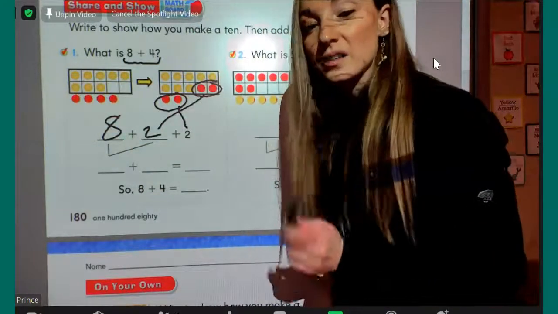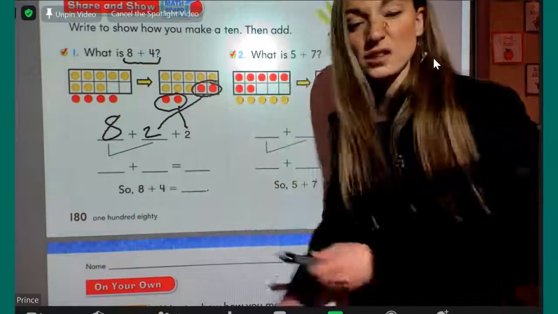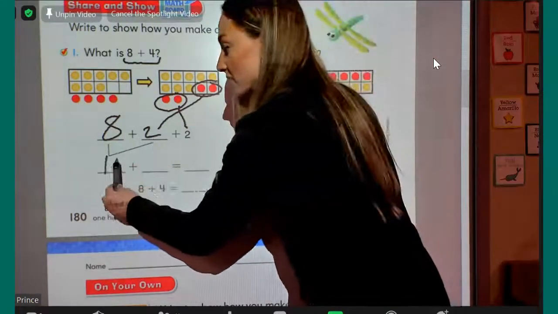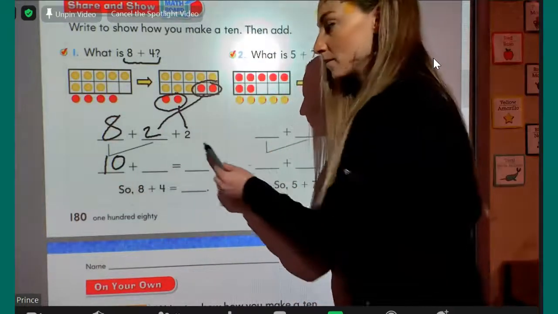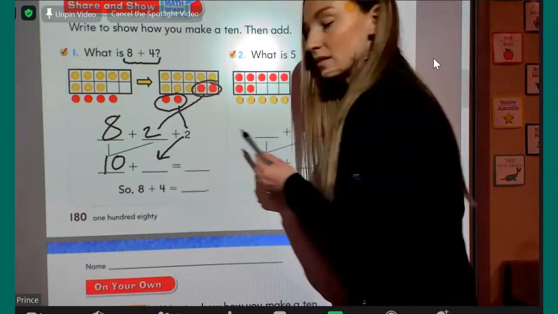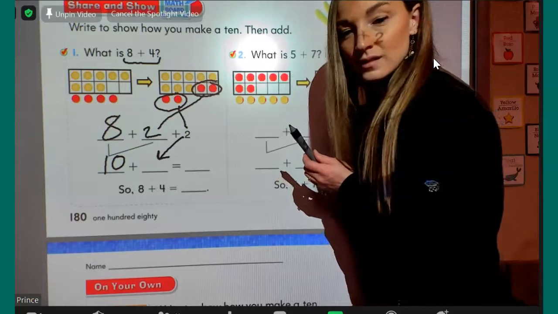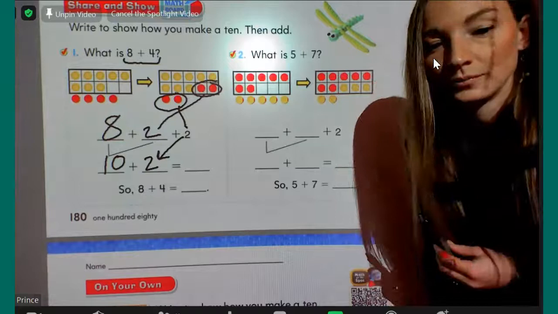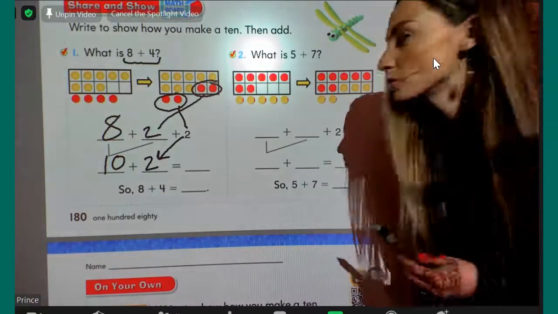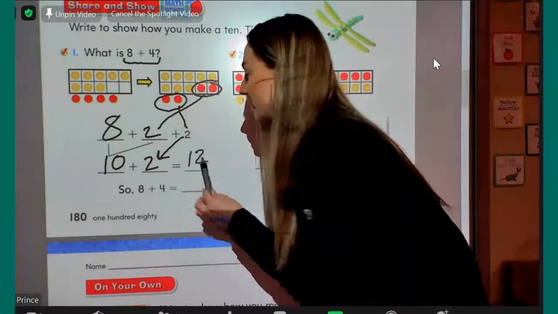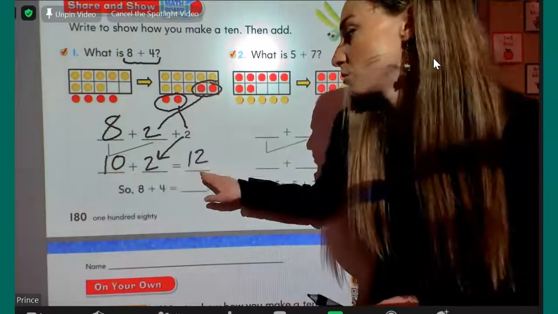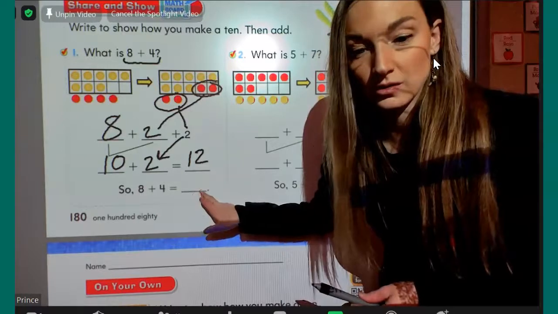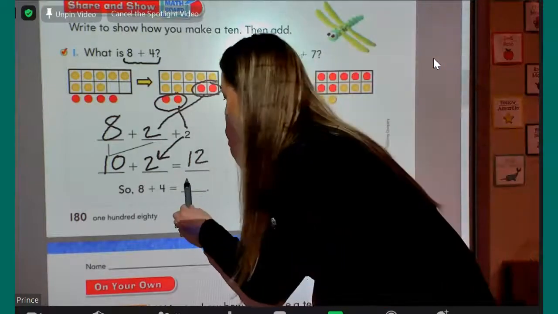Or, because adding 10 to something is super easy, we can just say 8 plus 2 is 10, plus 2. And then how many do we have? 12. So, if 10 plus 2 is 12, that means 8 plus 4 is also 12. Good job.